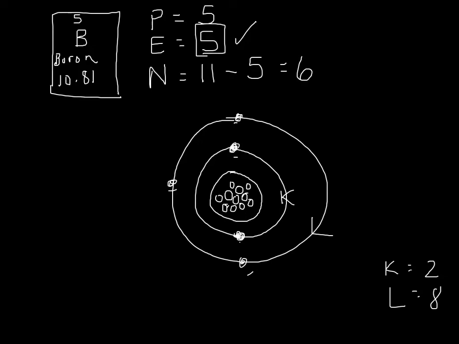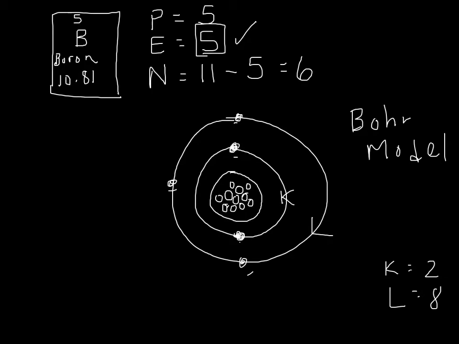So this model here, you can either draw it without the nucleus or with it, is considered a Bohr model. And the Bohr model is useful to understand how the element kind of looks.